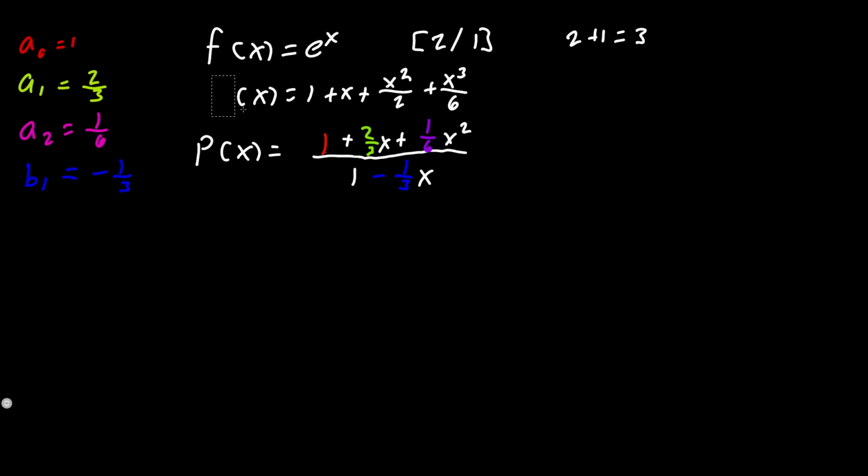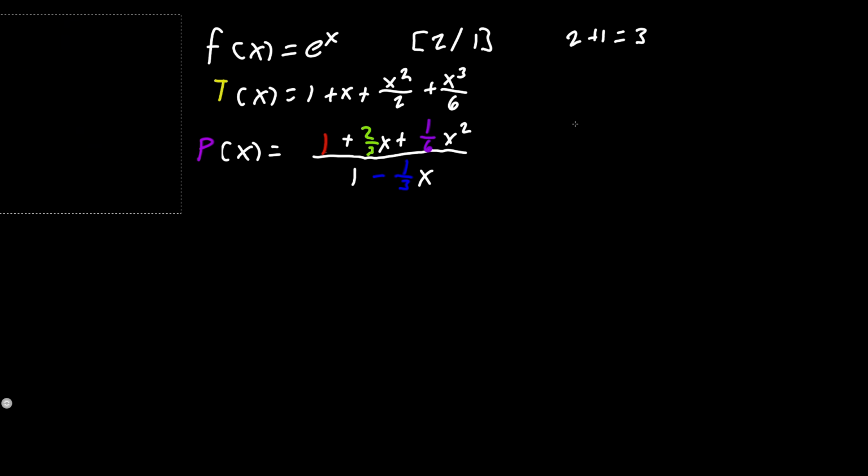So let me just label each function: yellow for Taylor, and Pade will be pink. So we have pretty much our 3 functions labeled specifically.